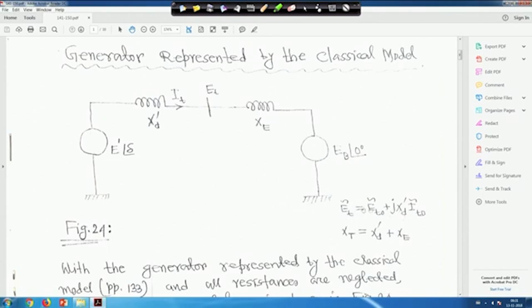This we have seen before, the pre-disturbance value, which will remain constant throughout the study. I told this in the previous phasor diagram, and total x t is equal to x d dash plus x c.